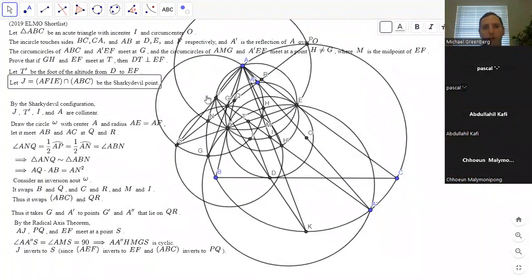So we wanted to show G prime lies on this line. But we know this line inverts to PQ. So since G prime lies on PQ, then I am just so confused.